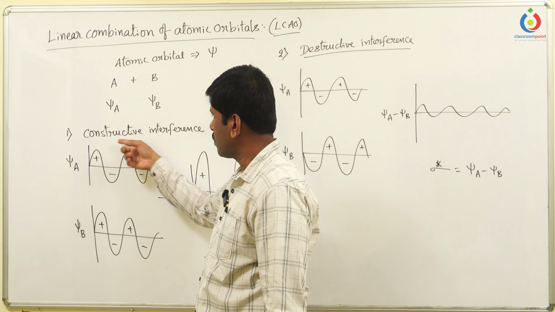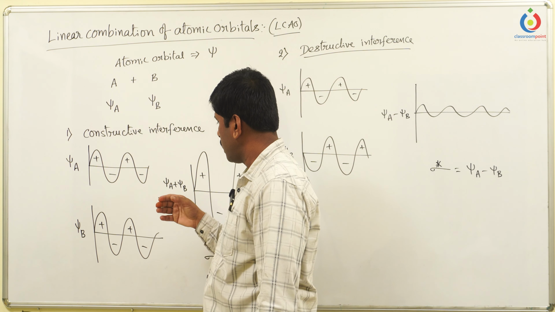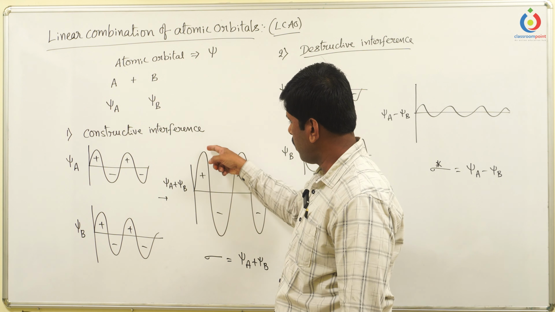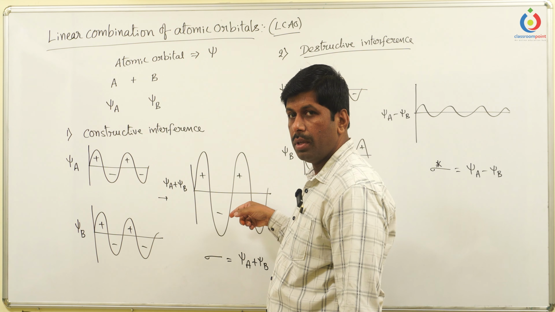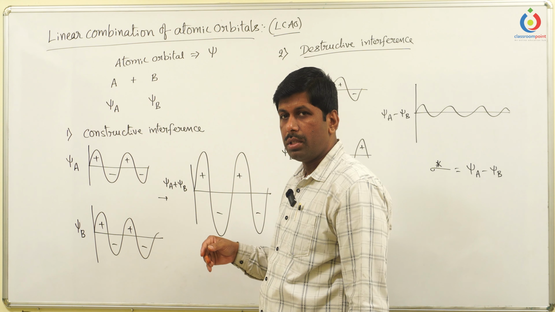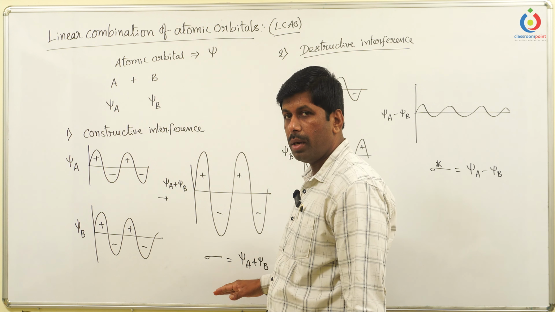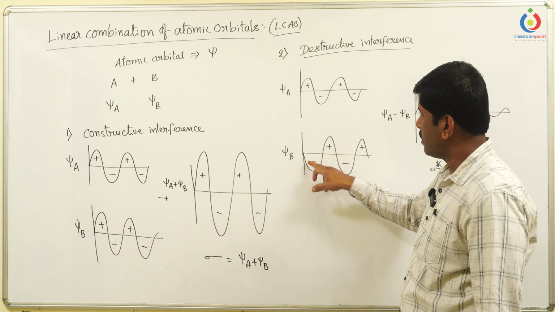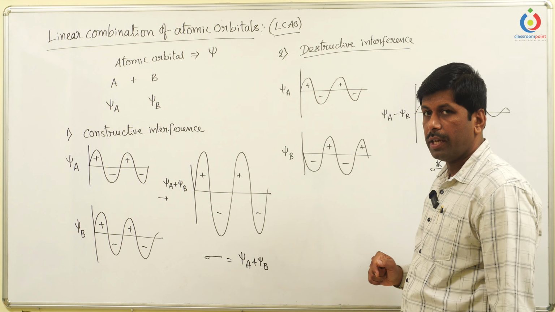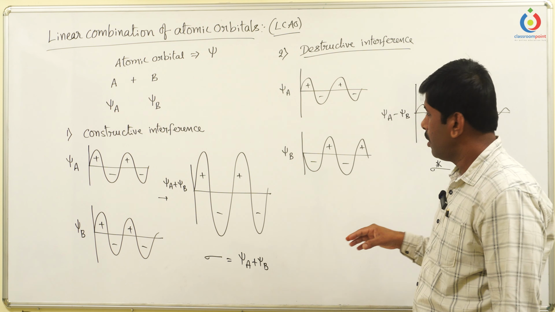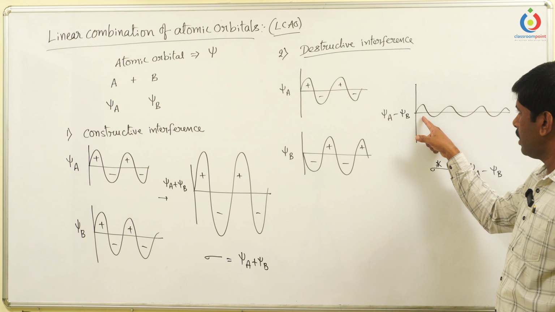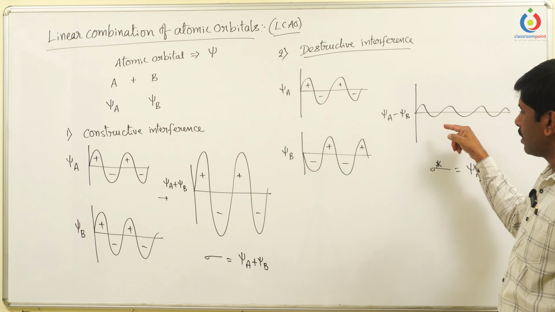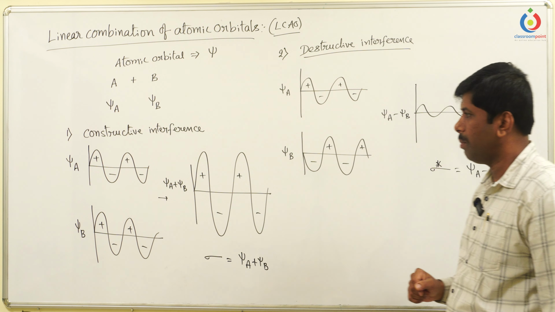Such interference is called constructive interference, which increases the electron density in the molecule. That type of orbital is called the bonding molecular orbital. And if both are in different planes, see here plus is there, here minus is there, so they cancel each other. So the electron density in the molecule decreases. They are called the anti-bonding molecular orbitals.